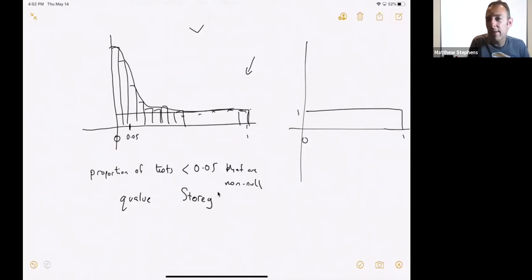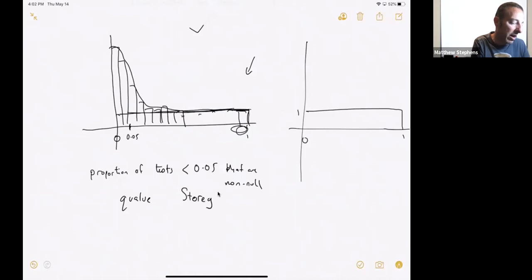And that's as high... I mean, it could be that everything's non-null, right? It could be that my alternative is just the same as what I'm seeing here, the distribution under the alternative, that they're all alternative. But the idea is I'm going to be conservative by drawing that horizontal line that corresponds to the uniform as high as possible, essentially by looking at how many p-values there are in this right end, near 1.